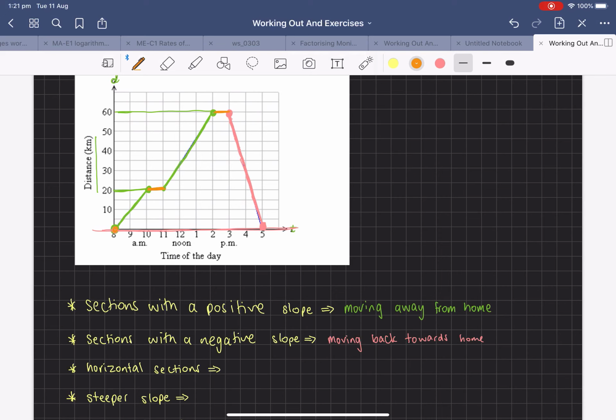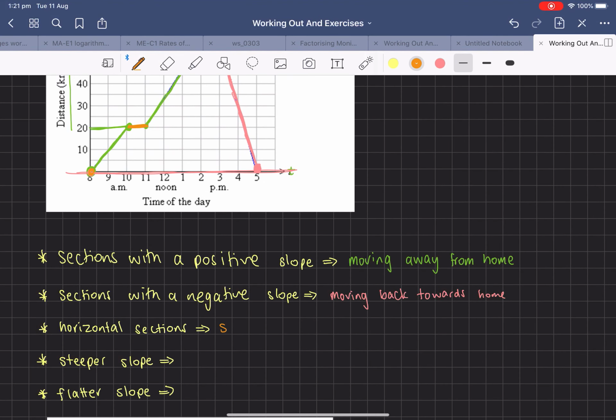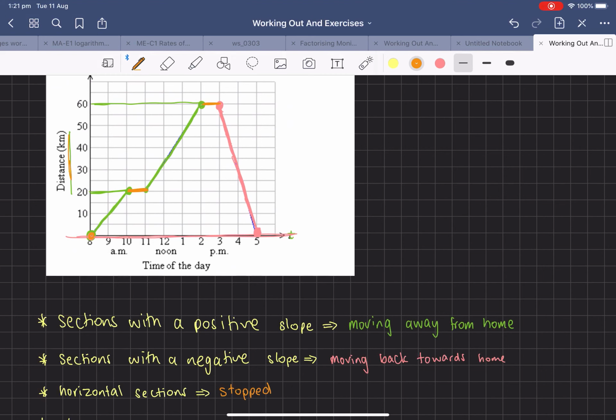He's just staying 20 kilometers from home. So since he's not traveling either further away or back towards home, this means that he is stopped. He is not moving at this point because his distance from home is not increasing or decreasing. It's staying at 20 kilometers.